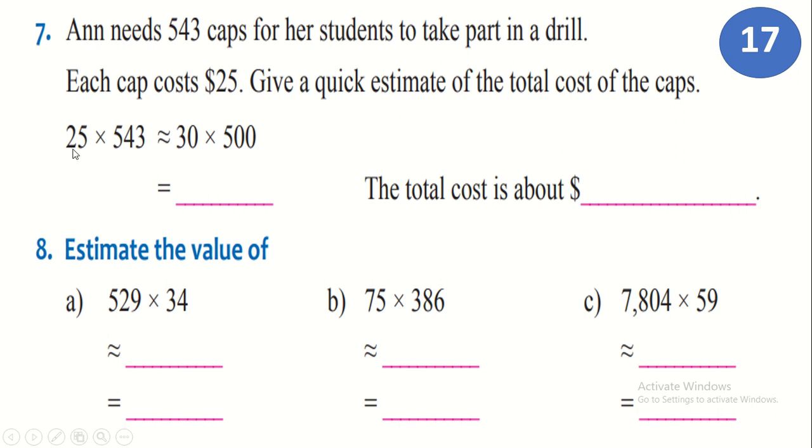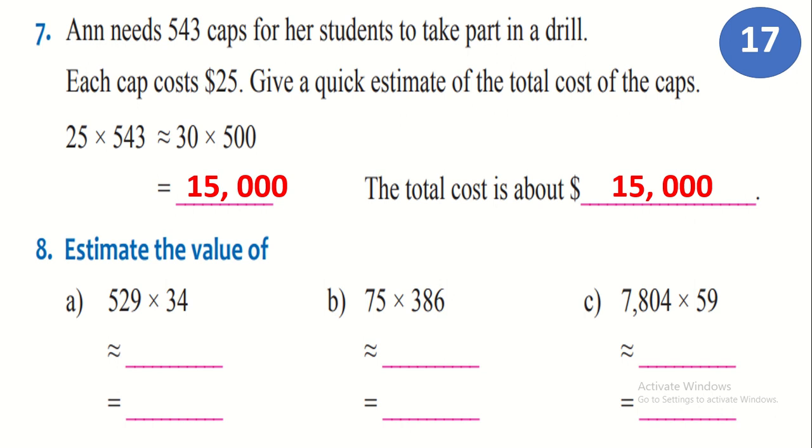Okay, 25 round off to 30 because this is 5. 543 round off to the nearest 100, 500 only. And then you multiply. How many zeros? 1, 2, 3, 3 zeros. And then 3 times 5 is 15. 15,000. The total cost is about 15,000. Correct, students?